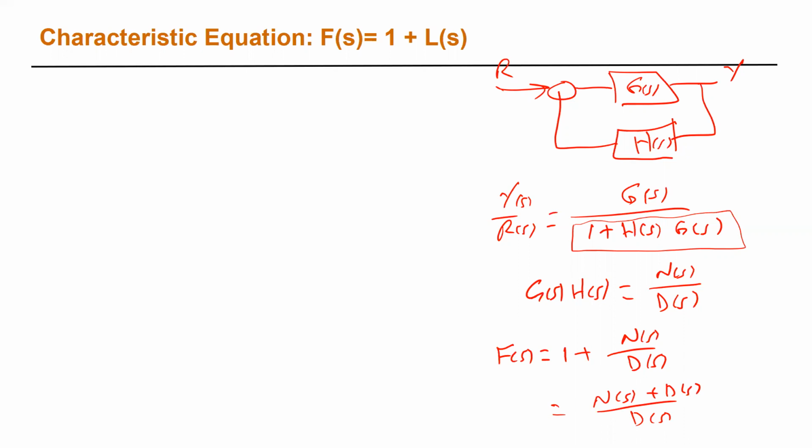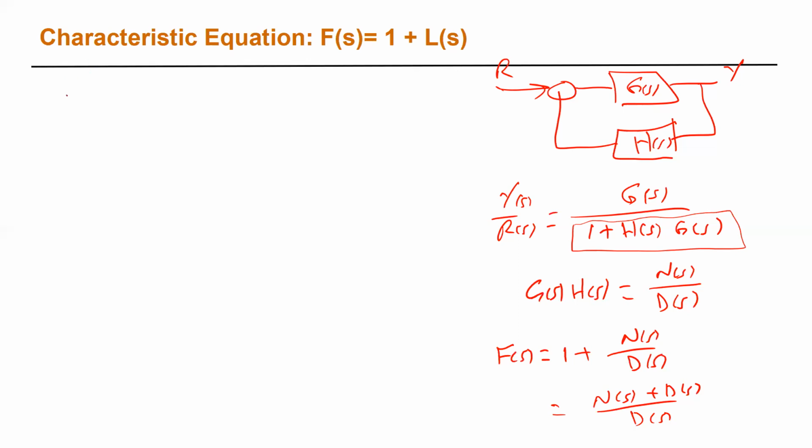Okay, now what is the relationship between them? What are the poles of the characteristic equation? They are the poles of the open loop gain. Exactly.